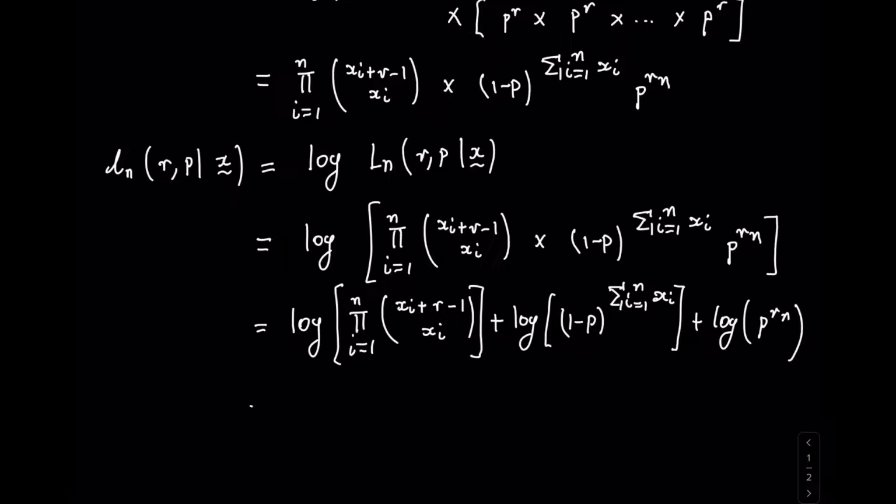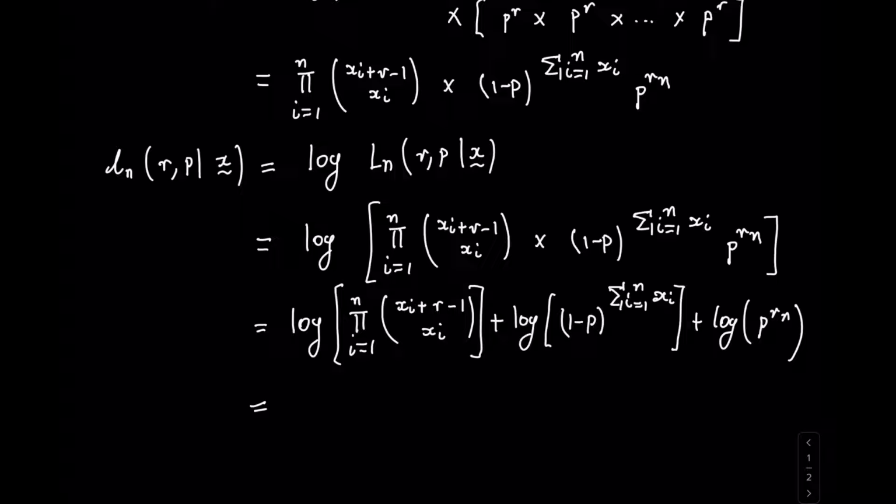Now, I'm going to do a little bit of a simplification. I'm going to try and do it in 2 steps here. Notice again, we still have a log of a product of terms.